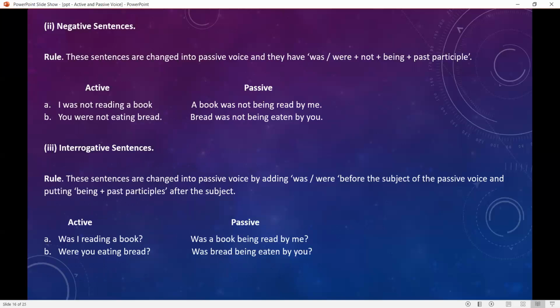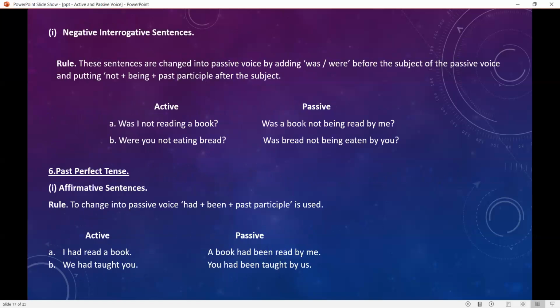You have to split the sentences, make a note of the changes, and then read the example. It will become very easy for you to understand. Under active, was I reading a book? Under passive, was a book being read by me? Under active, were you eating bread? Under passive, was bread being eaten by you?